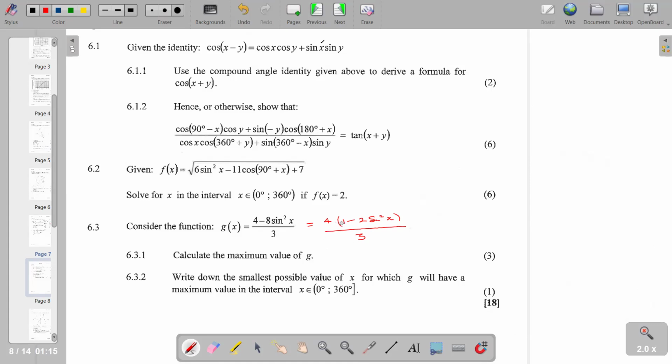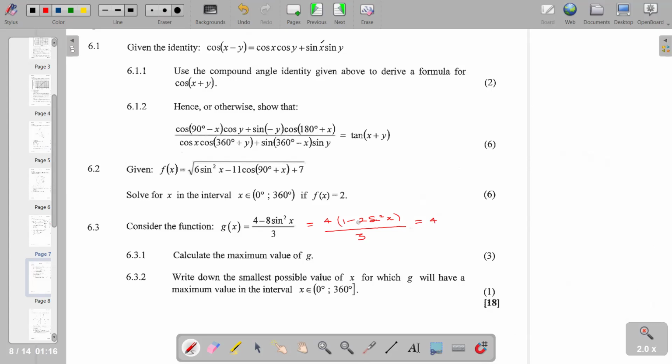The reason why we factorized, we know we are familiar with graphs where we do not have an exponent on our trig functions, but we know this one from our formula sheet. That is going to be equal to 4.